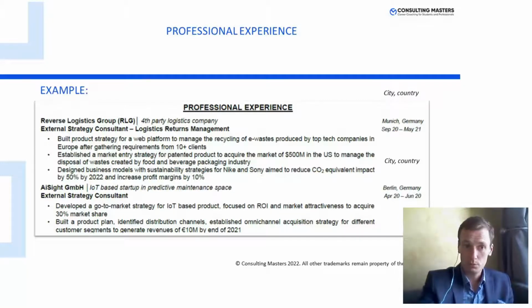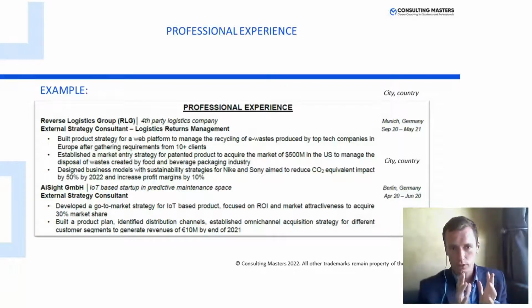Then the next bullet point: established a market entry strategy for a patent product to acquire the market of 500 million US dollars in the US to manage the disposal of waste created by the food and beverage packaging industry.